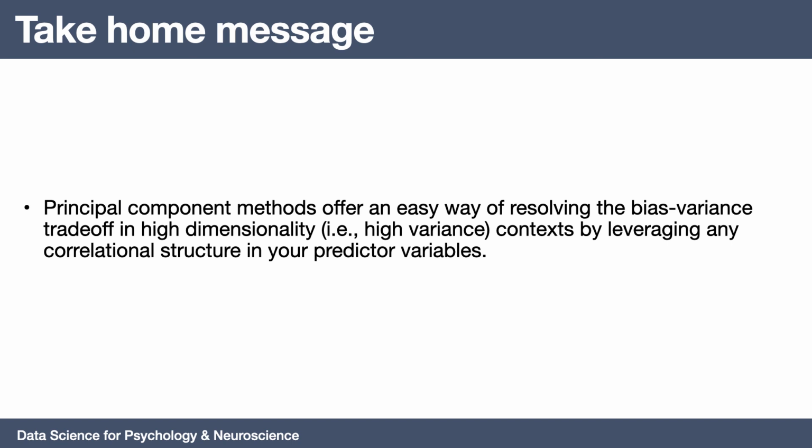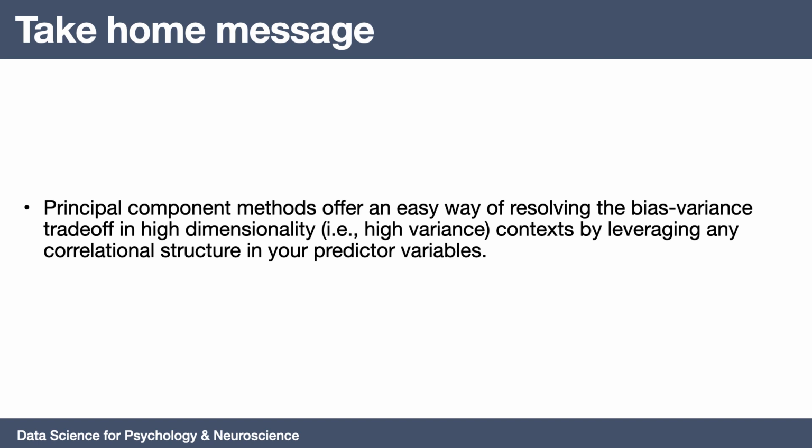Now, just taking a step back, I hope this lecture has convinced you that principal component methods, like PCR and PLS, offer an easy way of resolving the bias variance trade-off in high dimensionality contexts by leveraging any correlational structure in your predictor variables X. These are very effective ways of managing the bias variance trade-off without actually doing feature selection itself or imposing some sparsity constraint on your regression coefficients.